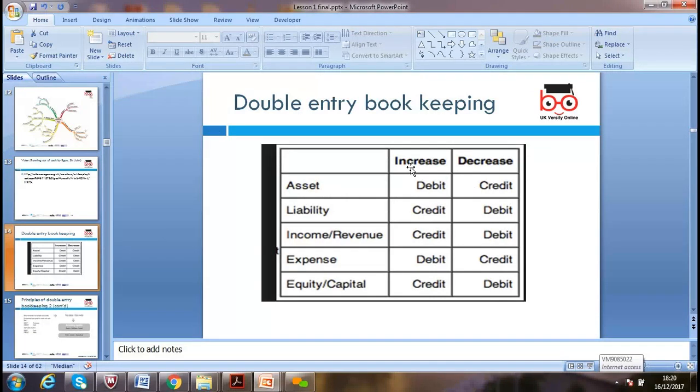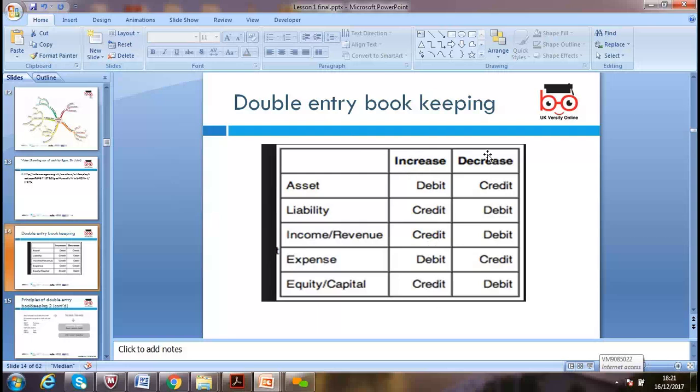When the bookkeeper's job finishes, the accountant's job starts, to prepare the financial statements like the balance sheet, profit and loss, and others. So double entry bookkeeping, like DEAD CLIC, and this slide is almost the same thing. When we have a debit, when liability increases we credit, when income increases we credit, when expenses increase we debit.